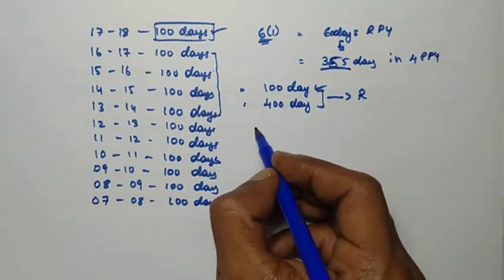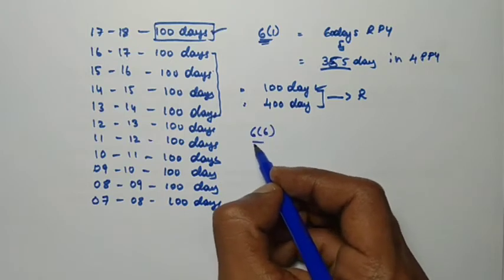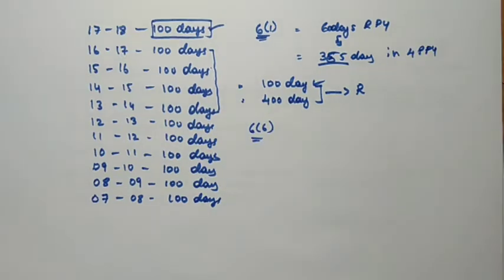Next, section 6, subsection 6. We should find out whether he is ordinary resident or not.